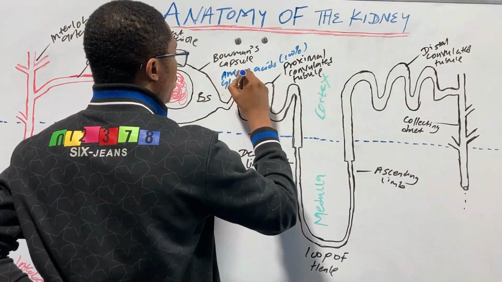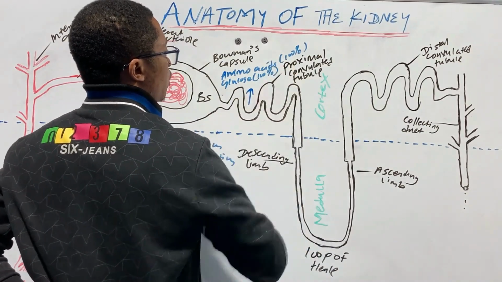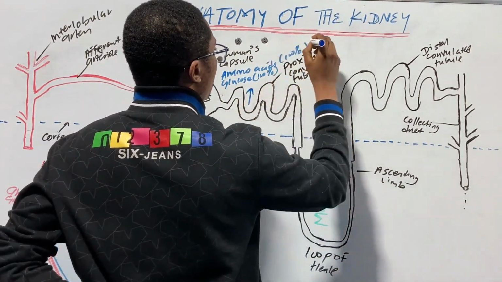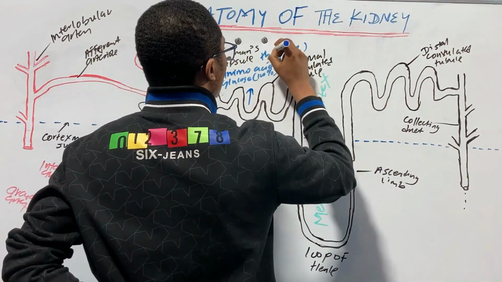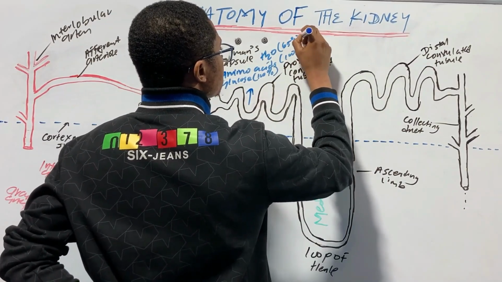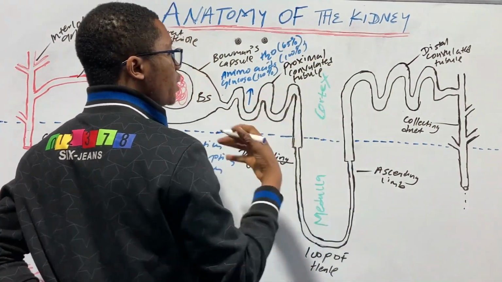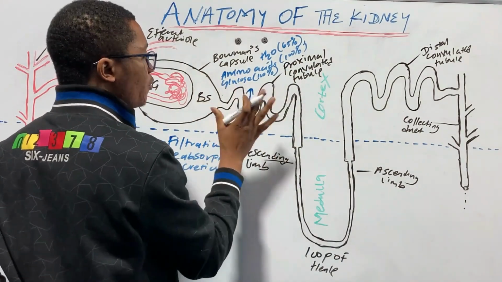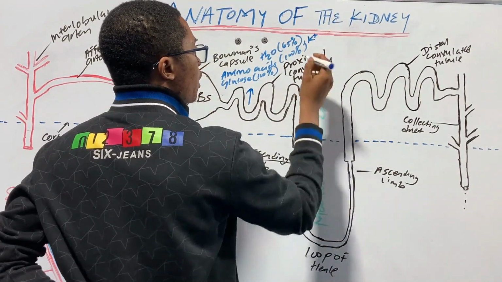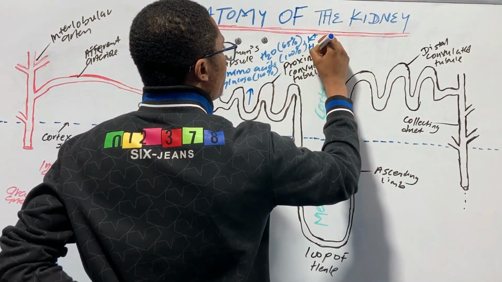Also glucose, 100%. Water is reabsorbed here also, about 65% of water. We also have other very important nutrients reabsorbed here. We also have calcium, calcium ions are reabsorbed here. We also have bicarbonates.